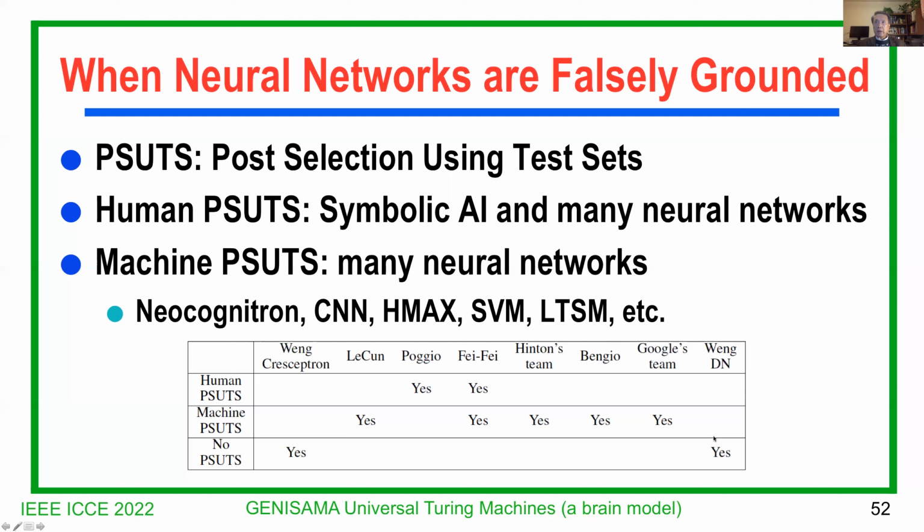And DN is also general one. This is the only one that I know. Let me know if there are other networks that do not do PSUTS. Purdue and Fei-Fei Li use a human to select a network, and the others use a machine to select the luckiest network.